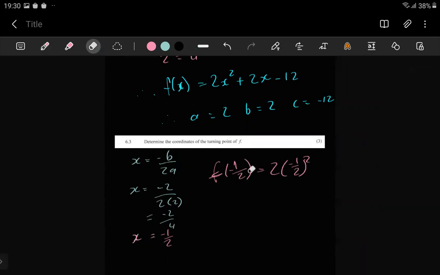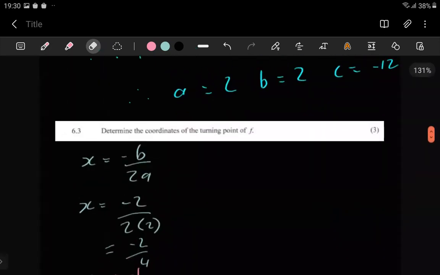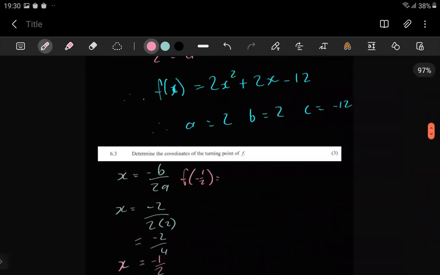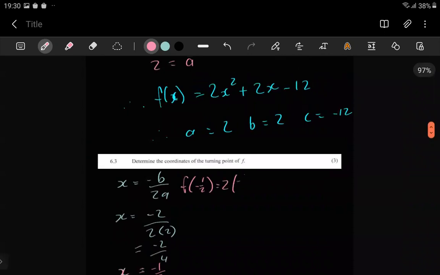Oops, ran out of space. Let me zoom in and write a bit smaller. f of -1/2 is 2 times -1/2 squared, plus 2 times -1/2, minus 12.